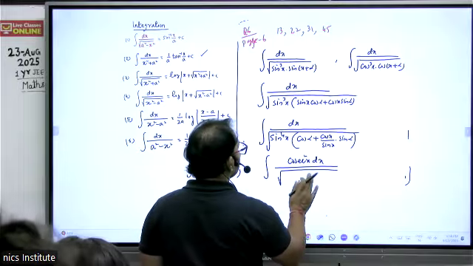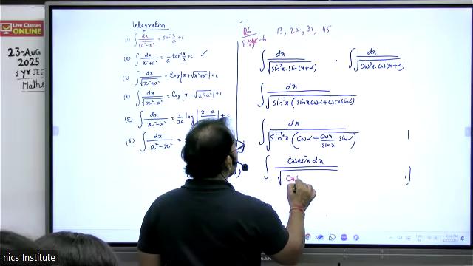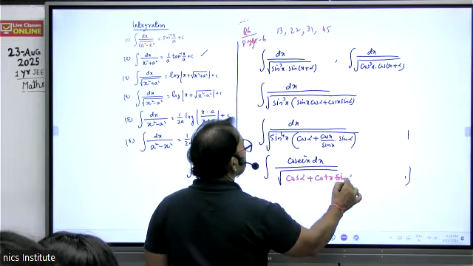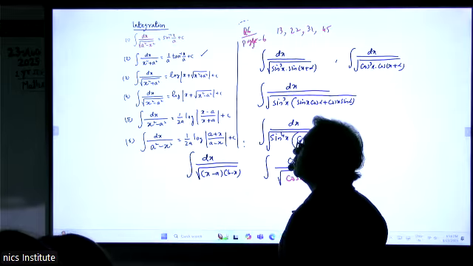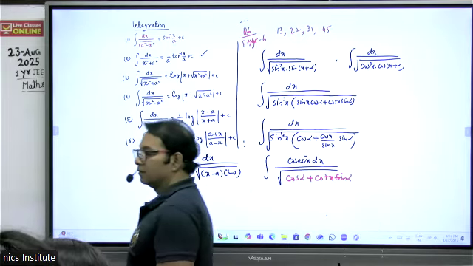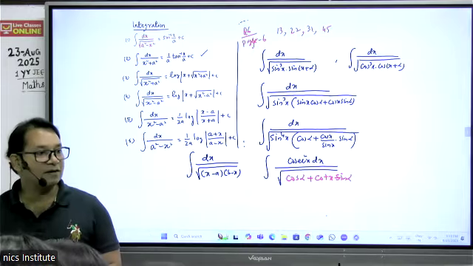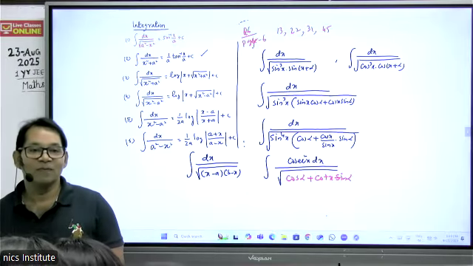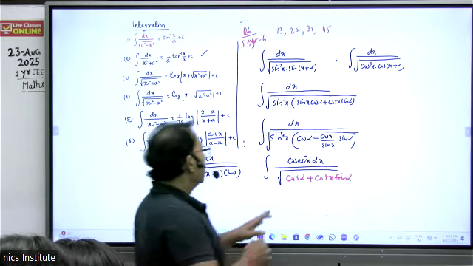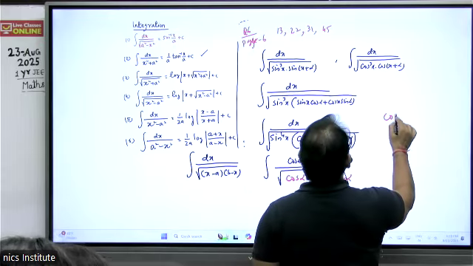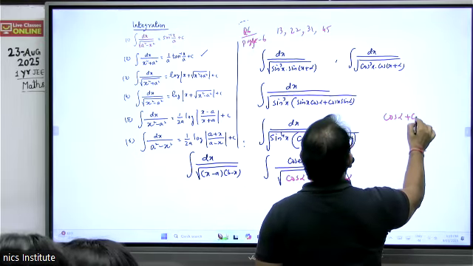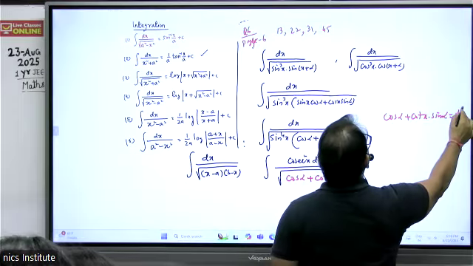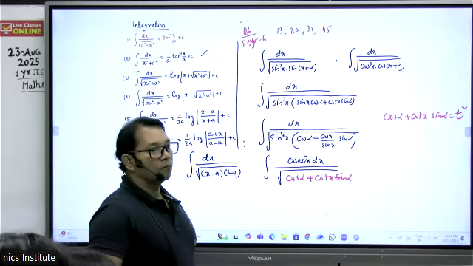Look at the question. The entire term inside the root, you can write as t. So the entire term in the denominator you can take t, but I would suggest you take t square, because then the trouble of the root is finished. Take t square.